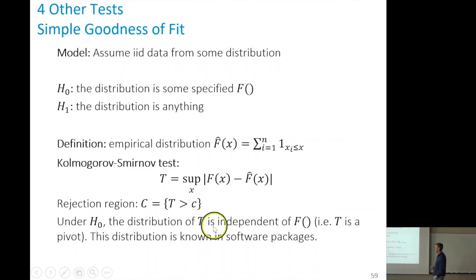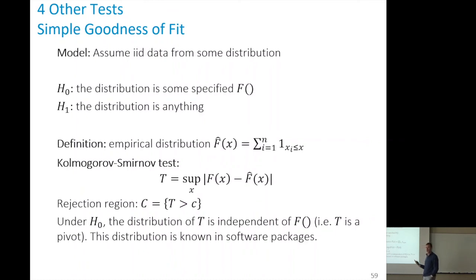Now this distribution is very contorted, doesn't have a closed form, but it's always the same, regardless of the distribution F here. For the same reason that if I take capital X, a random variable that has distribution capital F, the random variable capital F of capital X has always the same distribution. In the second case I gave, it's very simple, it's uniform.